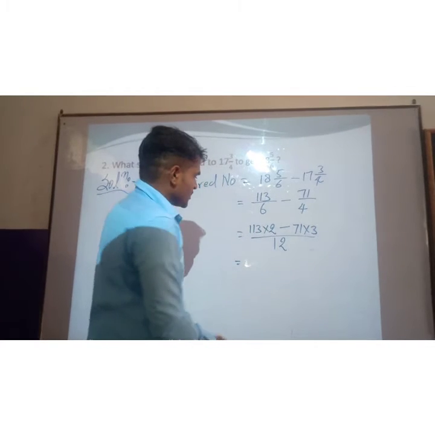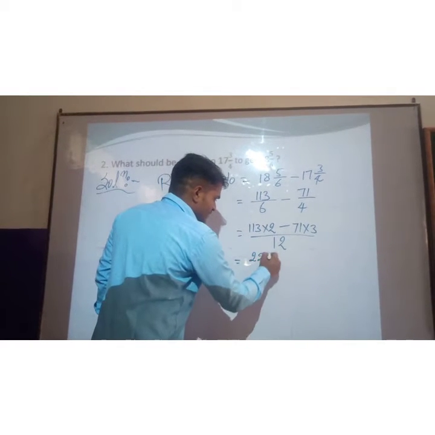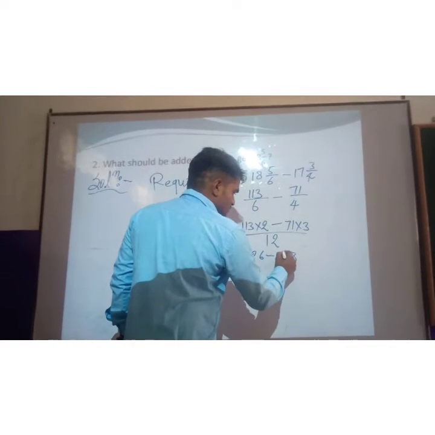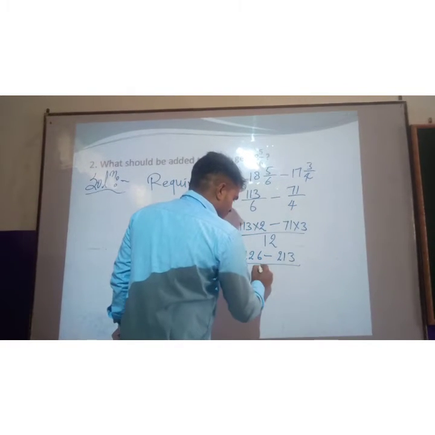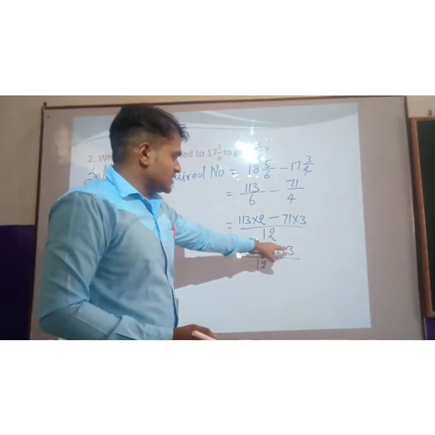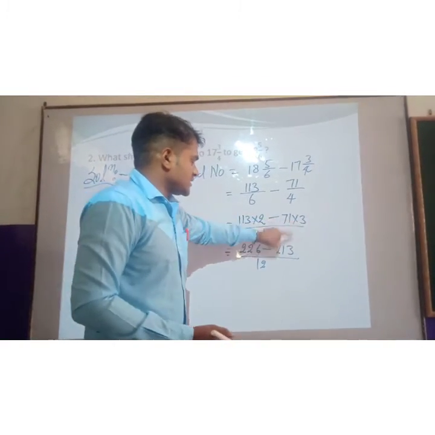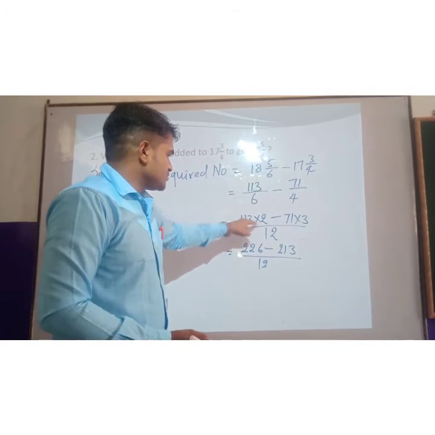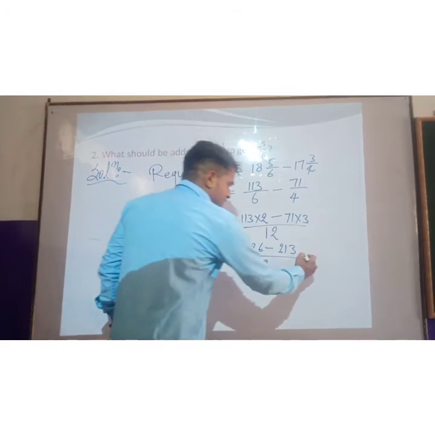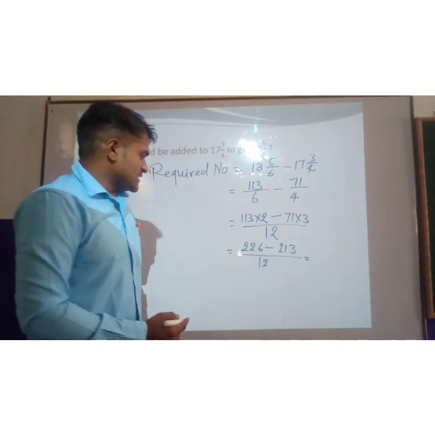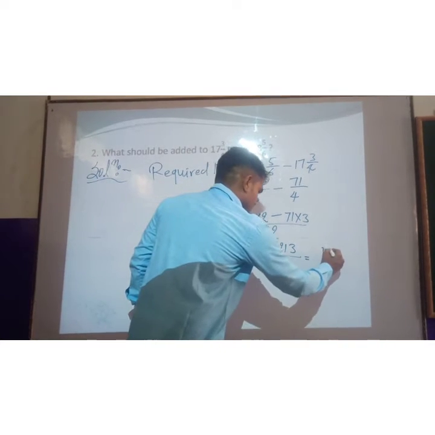Now multiply it. What will you get? 226 minus 213 upon 12. 3 1s are 3, 3 7s are 21. 2 3s are 6, 2 1s are 2, 2 1s are 4. Clear? Now subtract: when we subtract 213 from 226, we get 13.